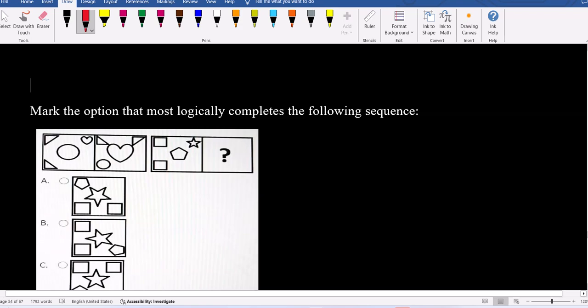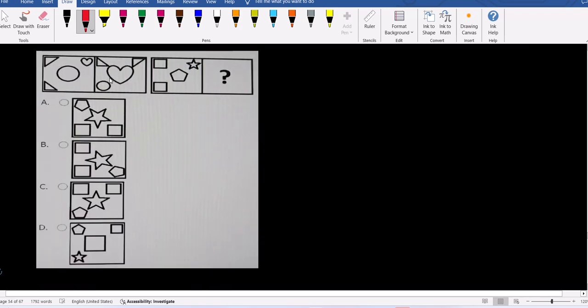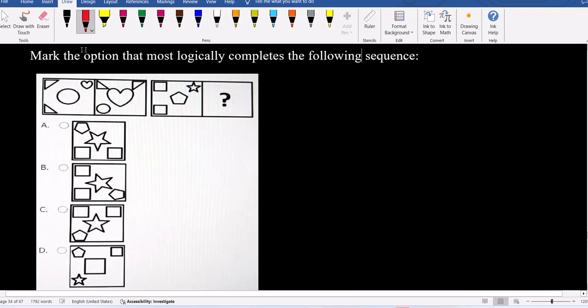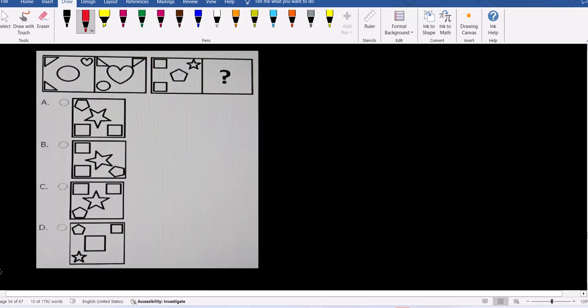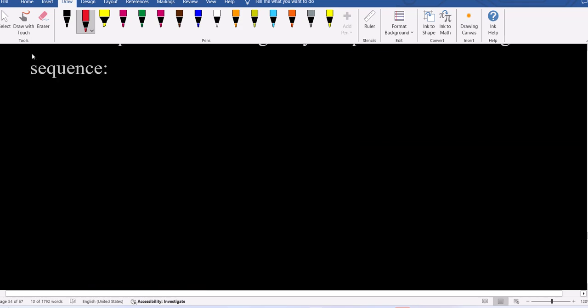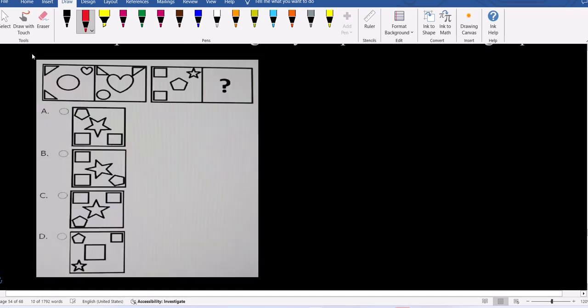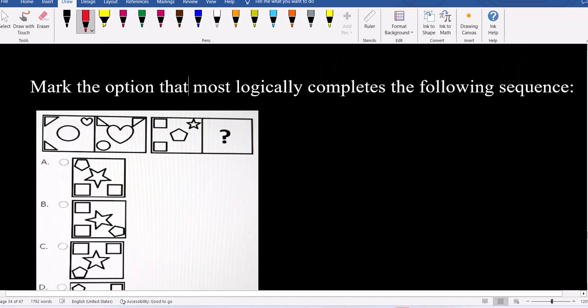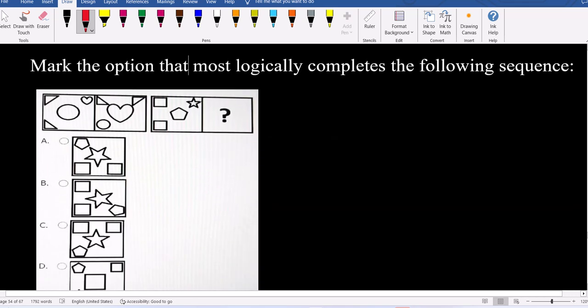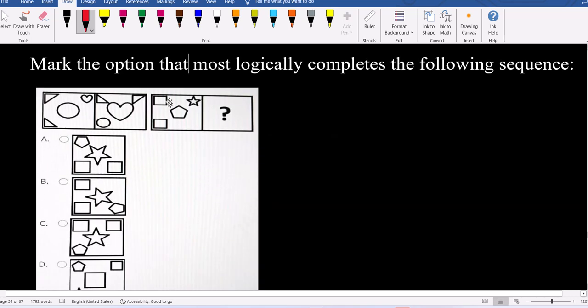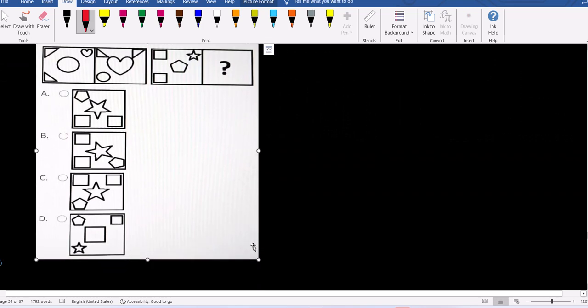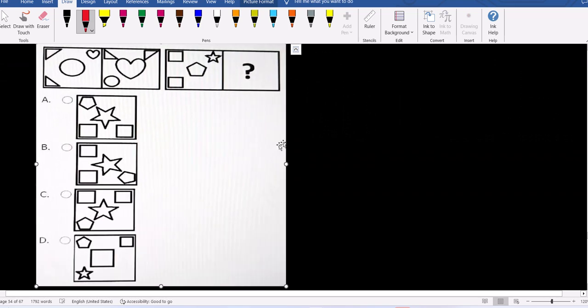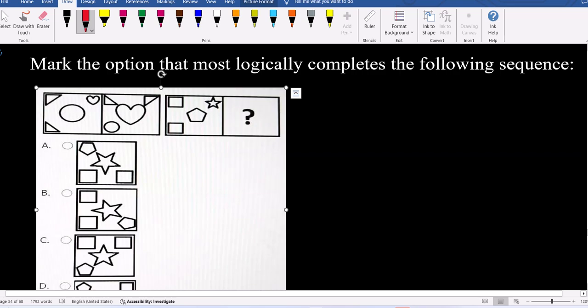Now here, the analogy concept or series concept you have to apply. Which most logically completes the sequence? So it's a sequence. You observe there are shapes, they are rotating somehow. What is happening, you see.